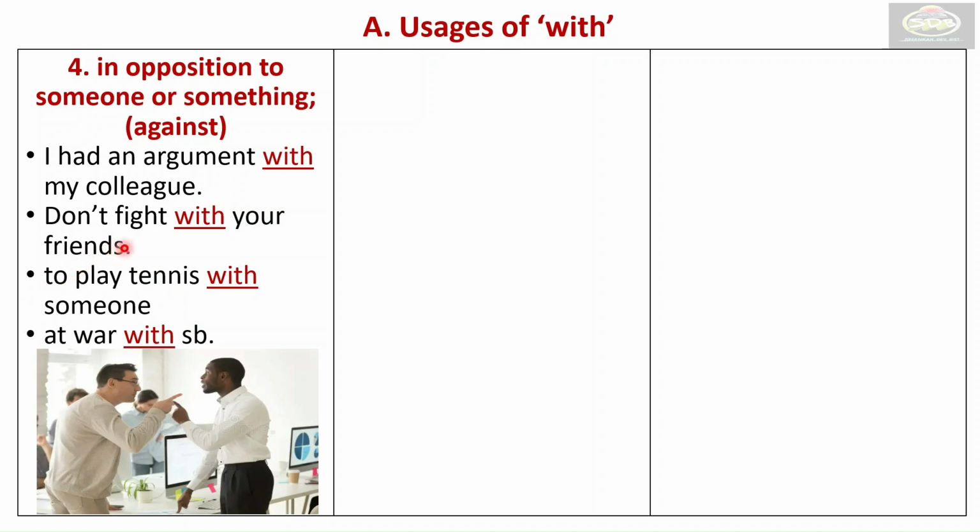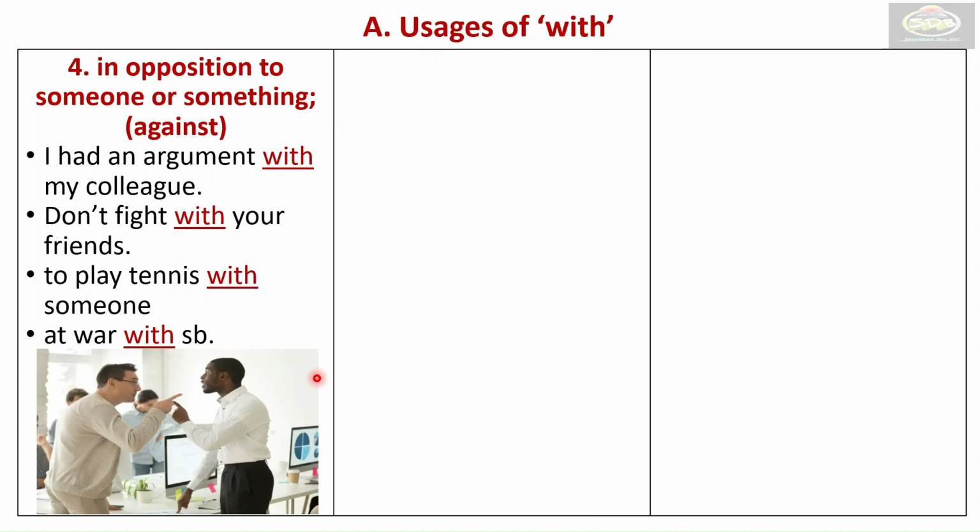More examples, don't fight with your friends. To play tennis with someone. At war with somebody. A country may be at war with another country. In this way, to indicate against or in opposition to someone or something, we have to use with.